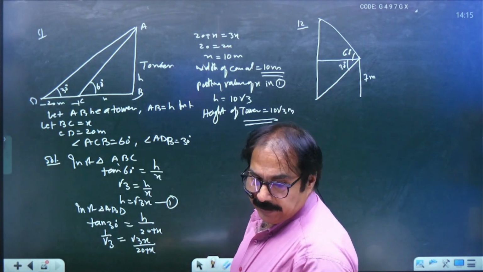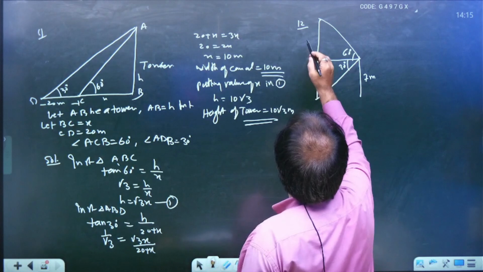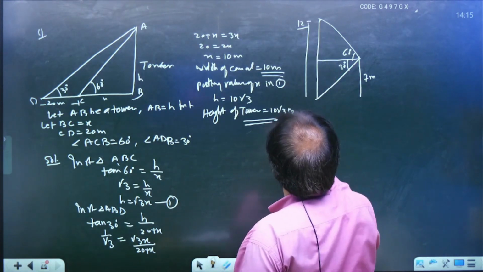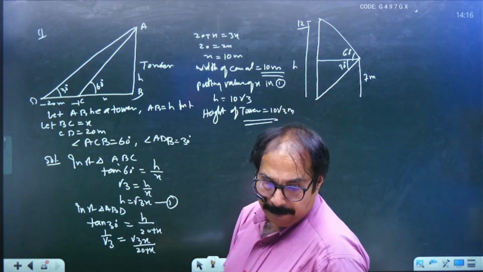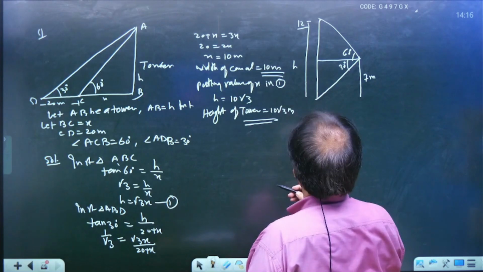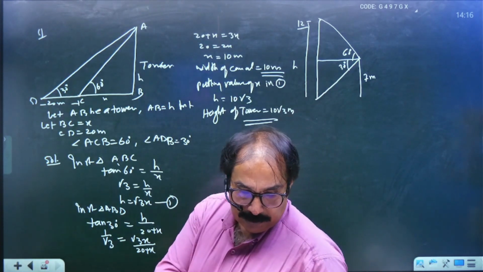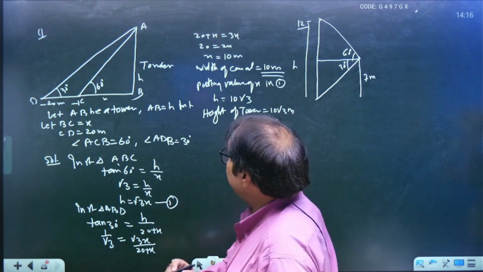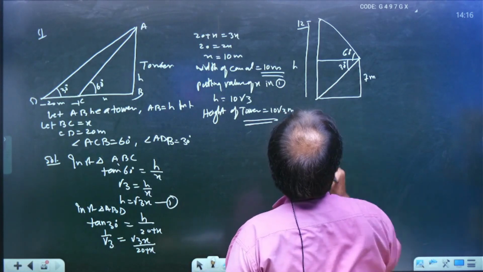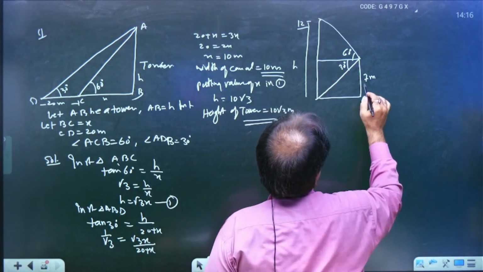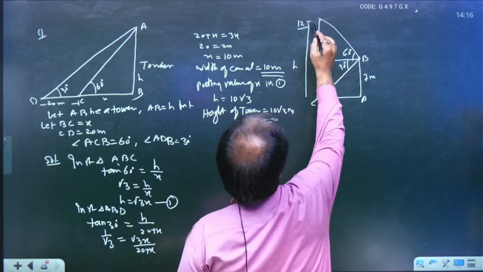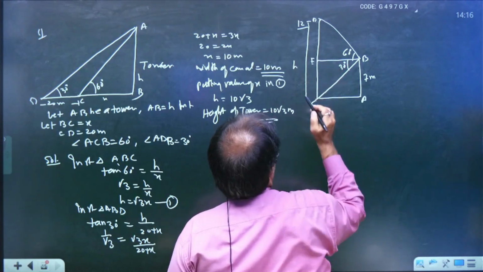Then the question says find the height of the tower, the height of this cable tower. This we have to find. Determine the height of the tower. So this is A, B, C, D, and E.